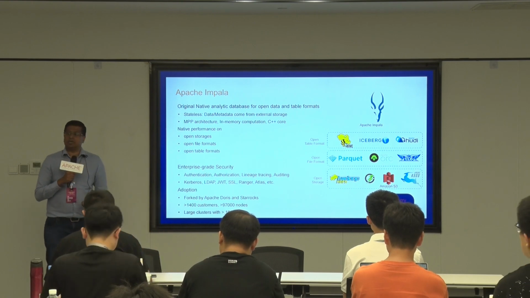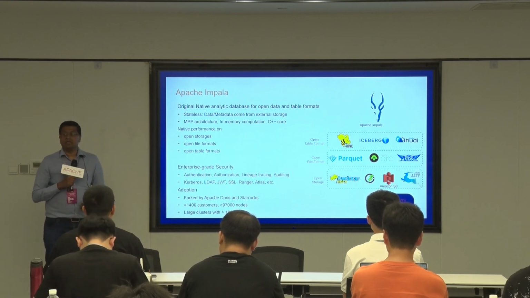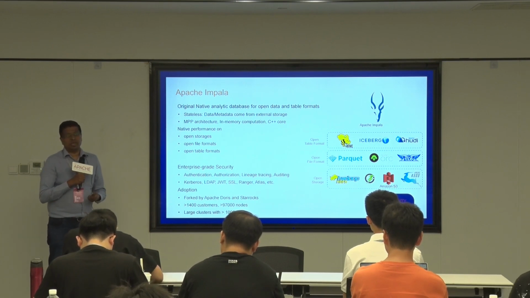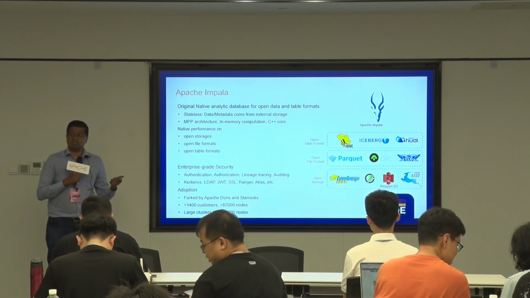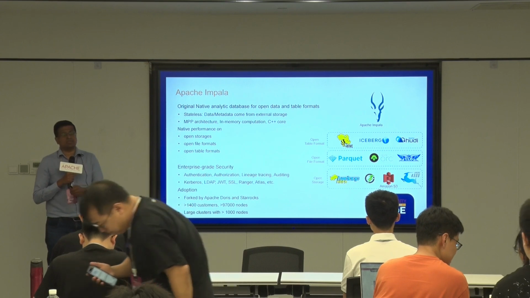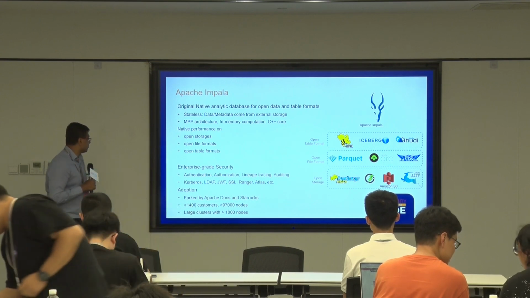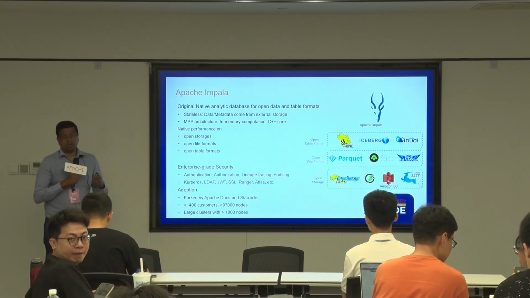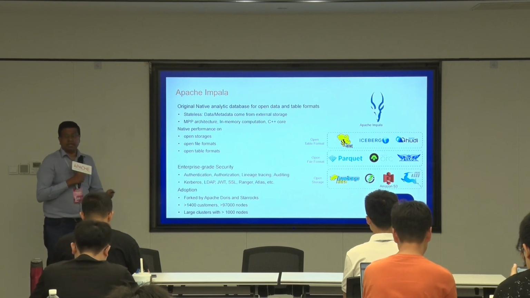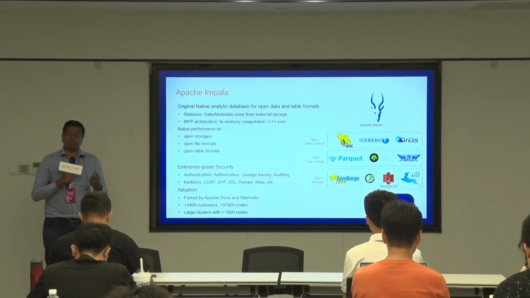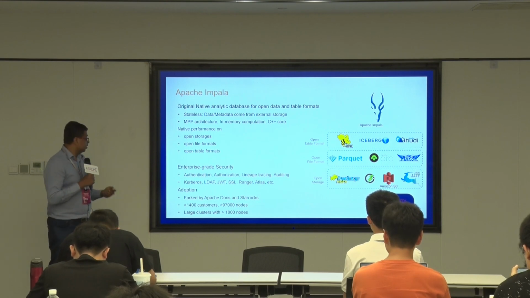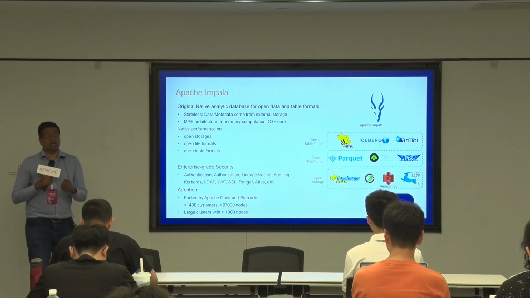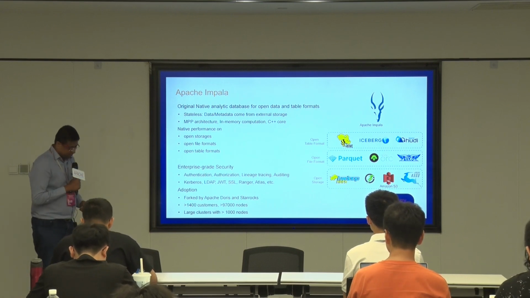It basically uses a combination of Java for the front end and C++ as a backend, as most BI engines do today, where the Java part is used for query compilation and the C++ part is used for query execution. We support enterprise grade security using Ranger, authorization, lineage, auditing, and also a variety of security mechanisms like Kerberos, LDAP, JWT, and we are adding support for OAuth and other authentication types.